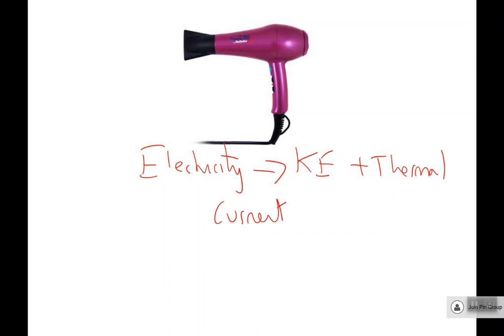Some people might ask, surely in a hairdryer you also get sound made as well. The sound is probably caused by things like friction. Some of this kinetic energy will have friction acting on it, and that friction will do work, turning it into sound and probably even more thermal. So work can be done either by a force or by current.